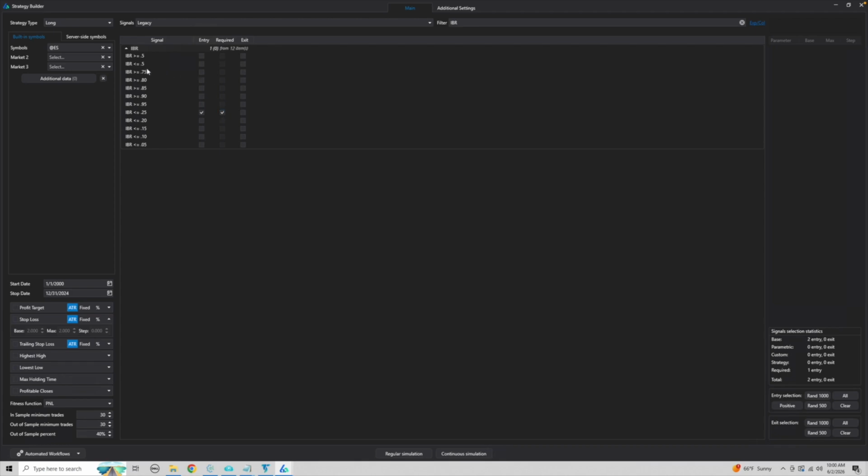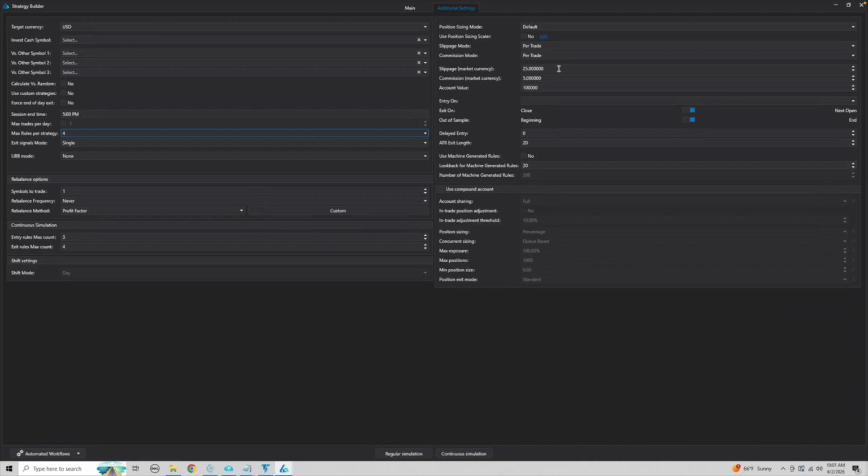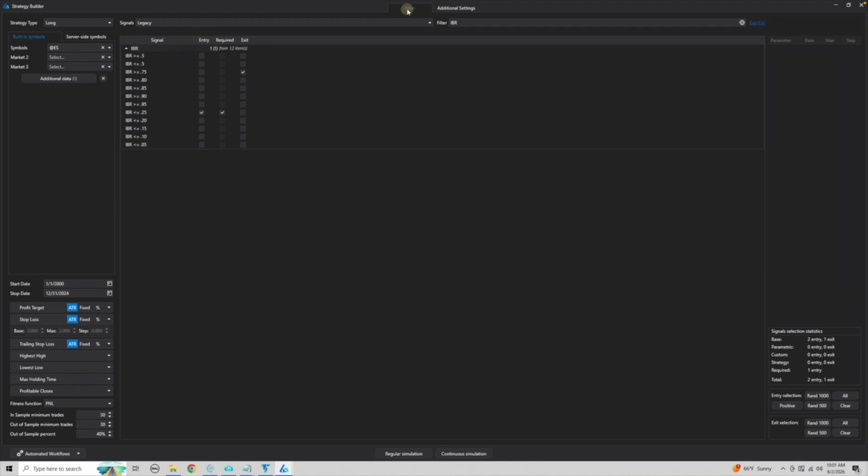And then when the IBR is greater than 0.75, that's our exit rule. So that's it. We just coded this up. Under additional settings, you can see that I have slippage and commission set. The account size I just put to $100,000. That's really all you have to do at this point.